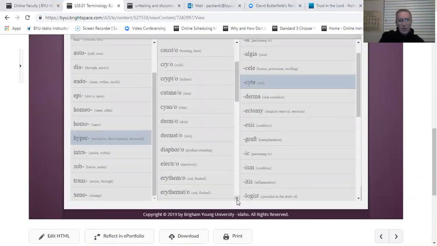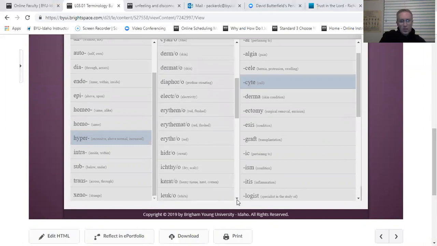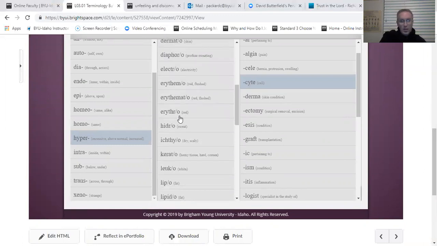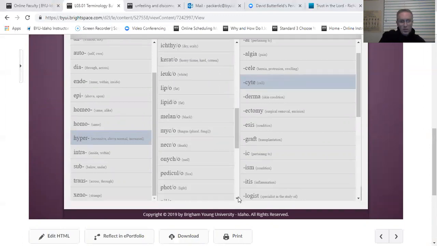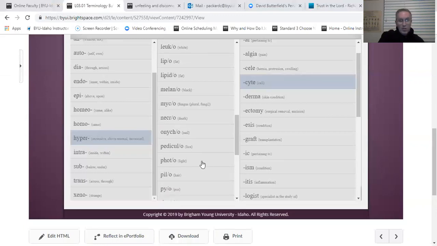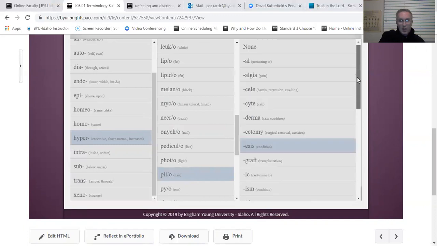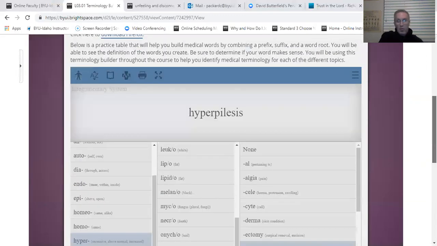Let's look at some of these other combining forms. Here we go. Hyper, pilo, osis, which would be hyperpilosis.